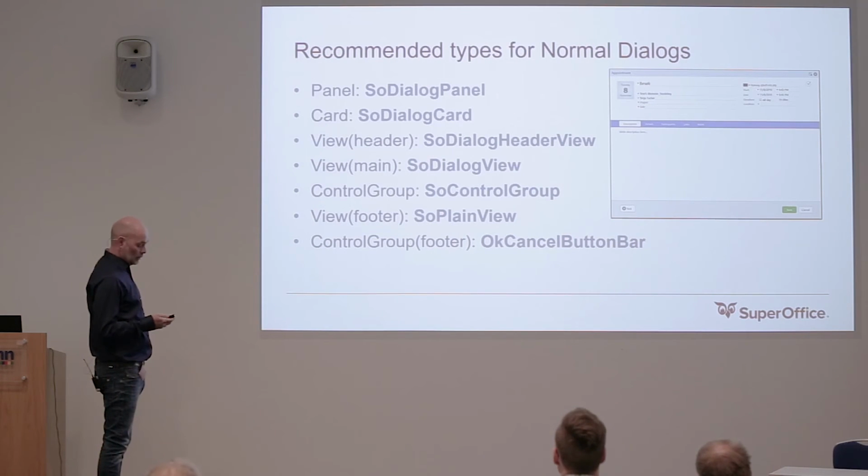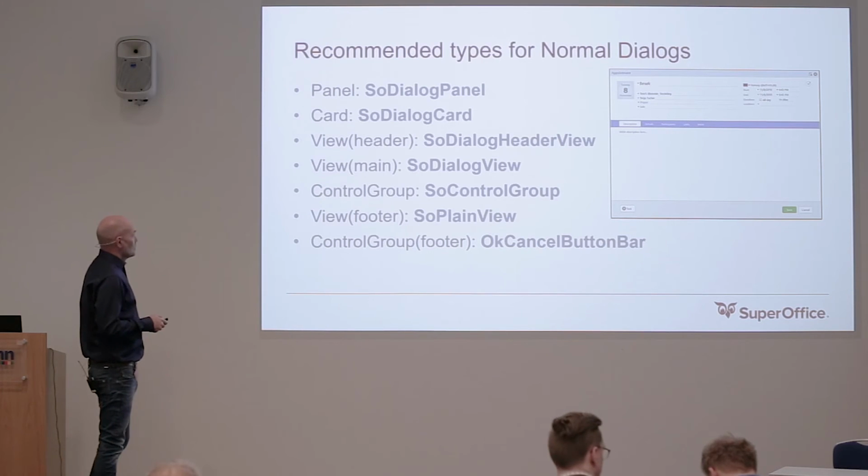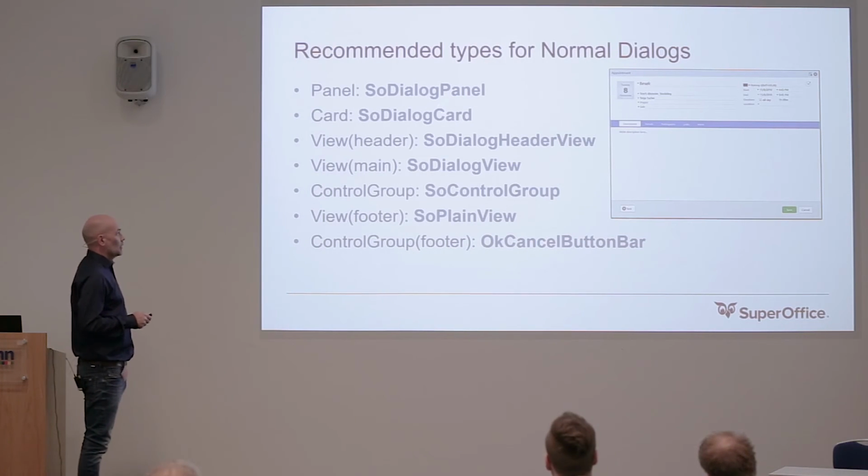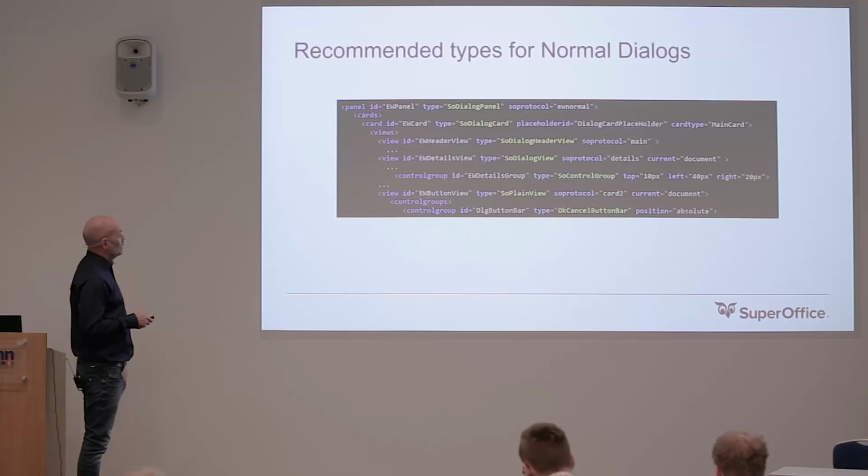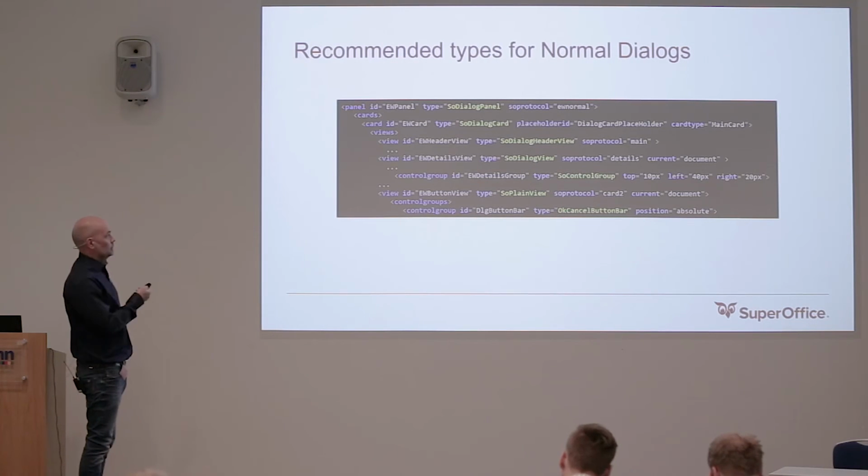This is for a dialog with a tabbed view inside. Typically our appointment dialog is like that. Different kinds of types you use for getting a header, and I will show you later. This is just an example of the structure.